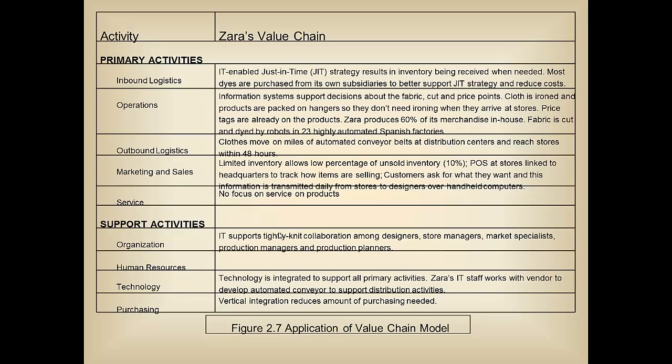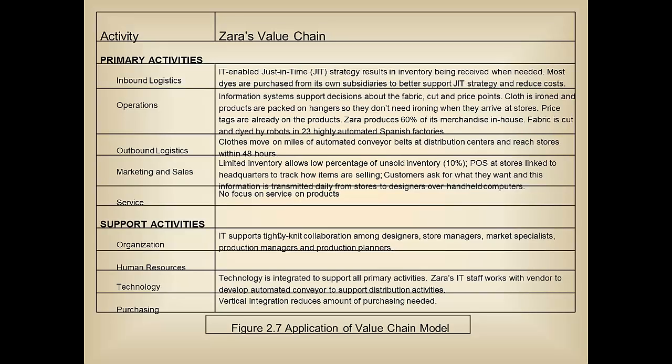The idea is that you don't keep a large inventory on hand, because inventory carrying costs are quite expensive for a company. So we want to keep our inventory low, and IT helps enable just-in-time for the organization.